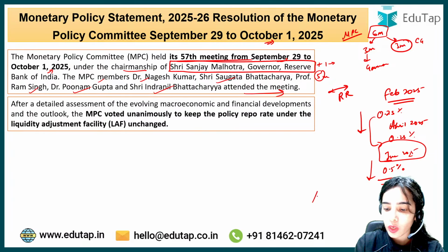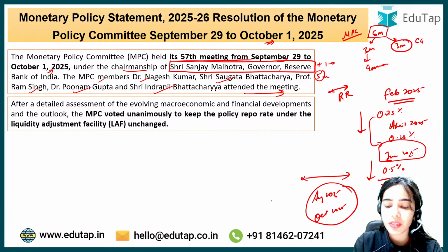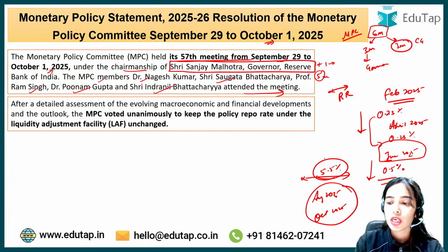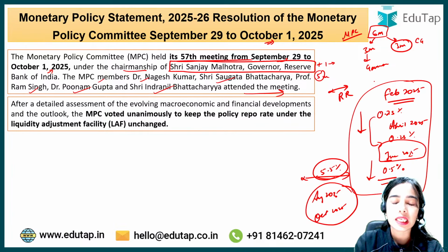Okay, now in the August 2025 meeting as well as in the October 2025 Monetary Policy Committee meeting, it has been decided to keep the repo rate unchanged at 5.5%, because initially you can see that there is a lot of decrease that has happened in repo rate from February till June, from 6.5% to 5.5%.